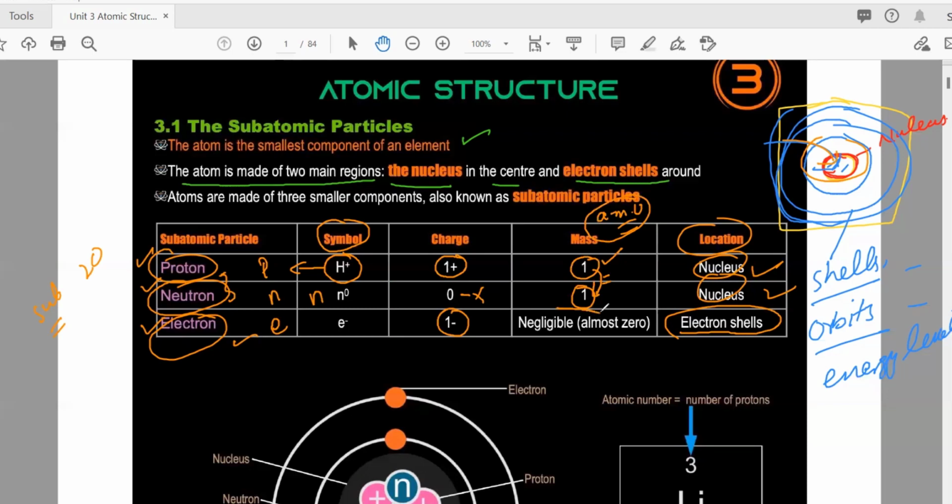But if you talk about the electron, its mass is really very small.